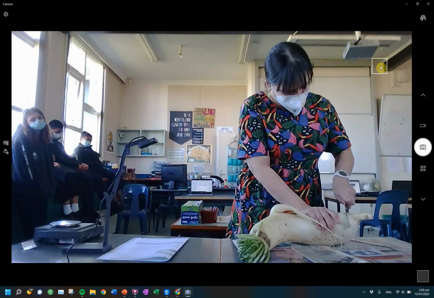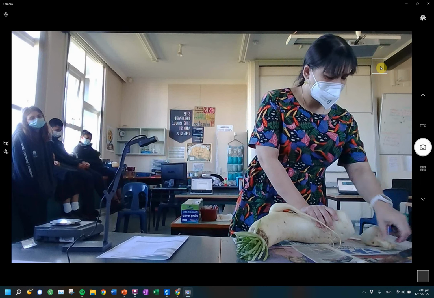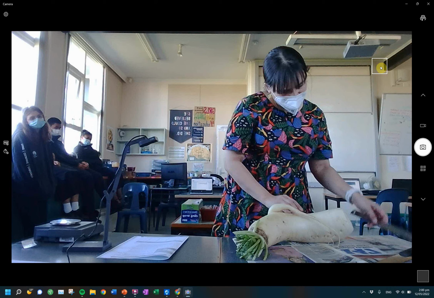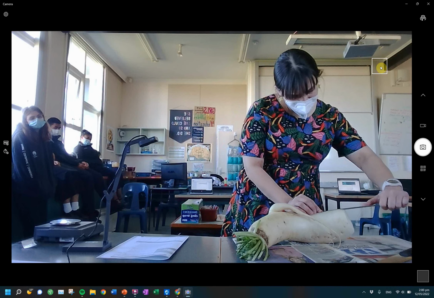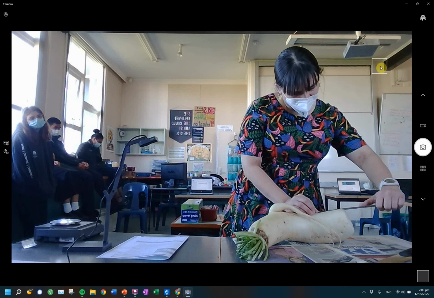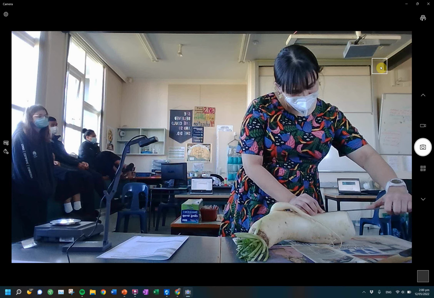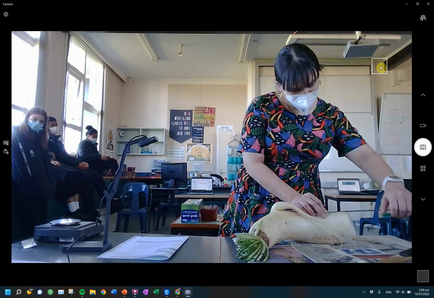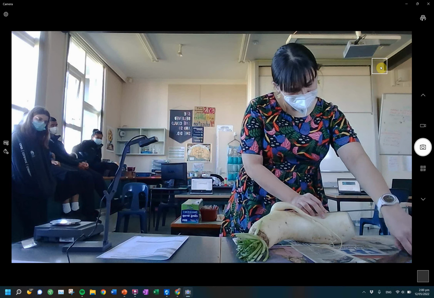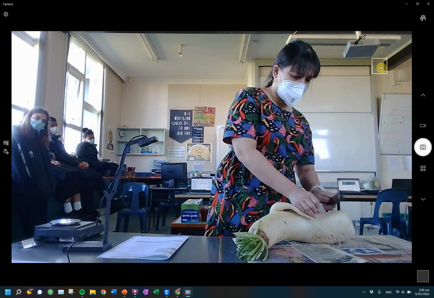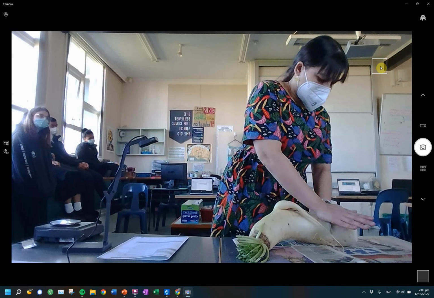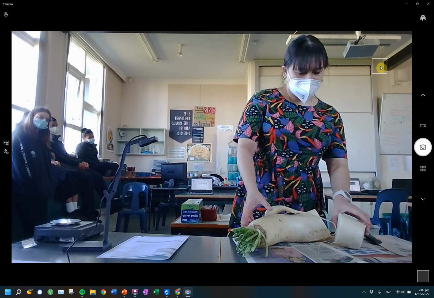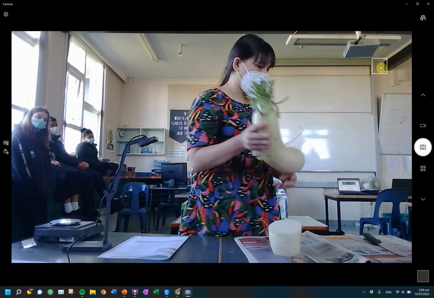That's just an end bit, so I'll take that off to make it easy. And then I might do a little bit longer. There we go, about there. It's actually quite easy to cut. All right, so that is our turnip.